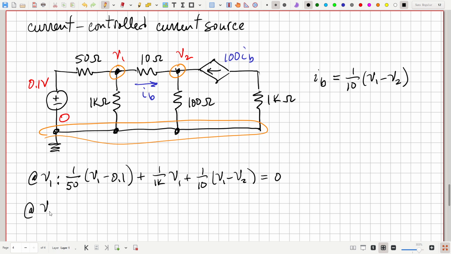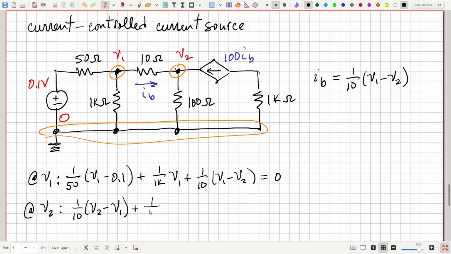And at node 2 now, we got this current to the left, which is just the negative of IB. It's V2 minus V1 over 10. So 1/10 times V2 minus V1. And then this current through the 100 ohm resistor, that's V2 minus 0 over 100.